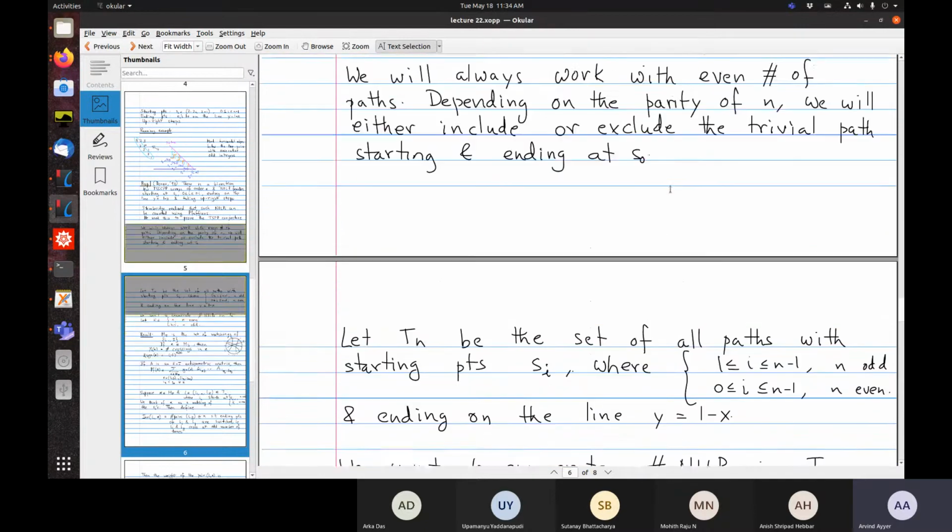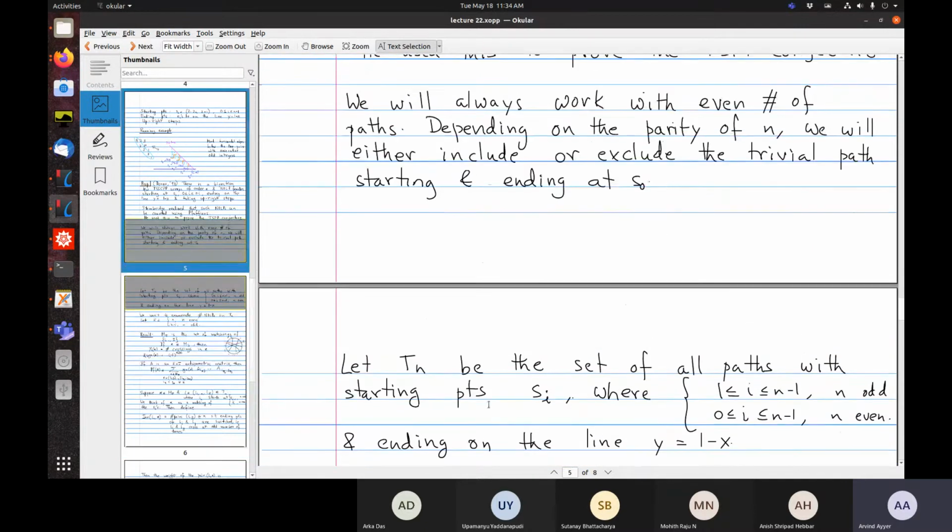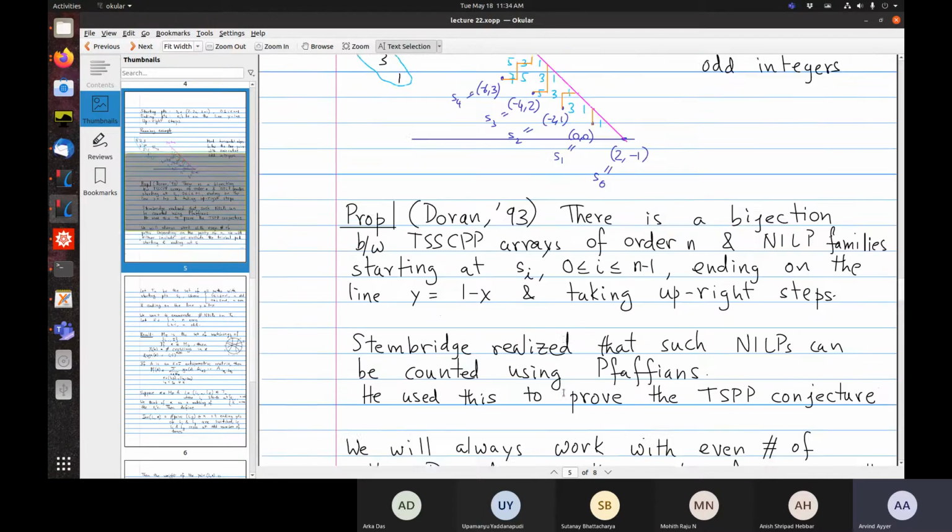And remember that we said that the starting points are indexed from 1 to n minus 1 if n is odd, and 0 to n minus 1 if n is even, so that the number of starting points is an even integer.